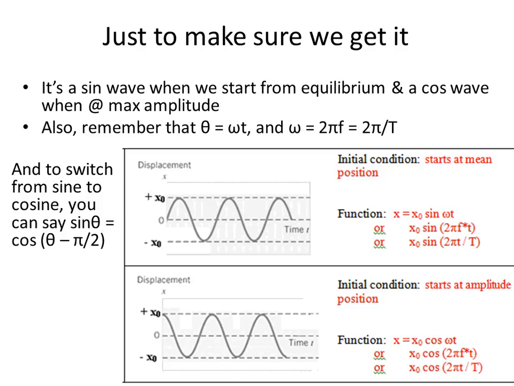Remember what I was saying earlier on: you've got to remember these little tiny equations. You've got to remember that period is the inverse of frequency, and that omega is frequency times 2 pi. Really, these are all just the same equations. I don't want you to have to memorize six different equations.